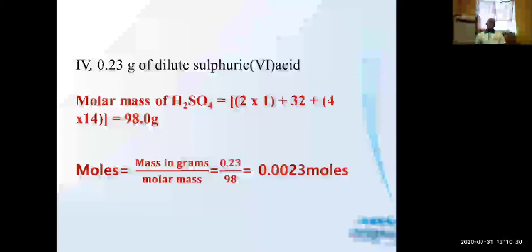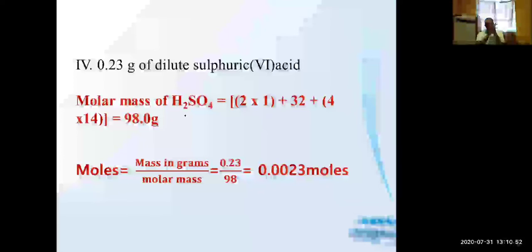Calculate the moles in 0.23 grams of dilute sulfuric acid. First of all, you must know the formula for calculating moles, which is mass in grams over the molar mass. Ask yourself: have you been given the mass? Yes. Have you been given the molar mass?